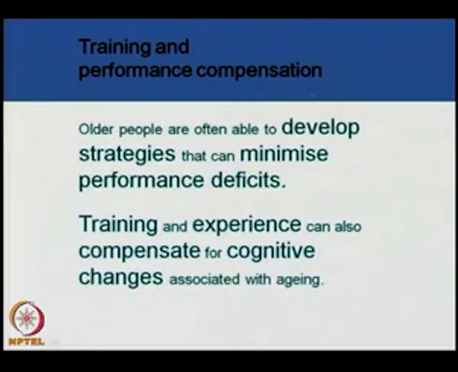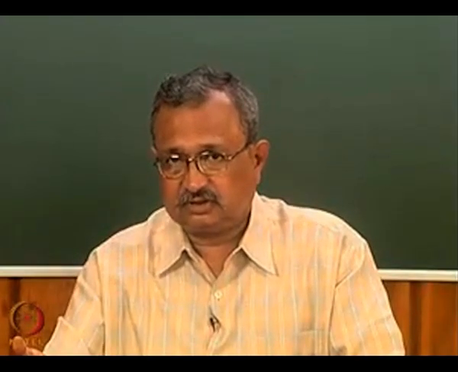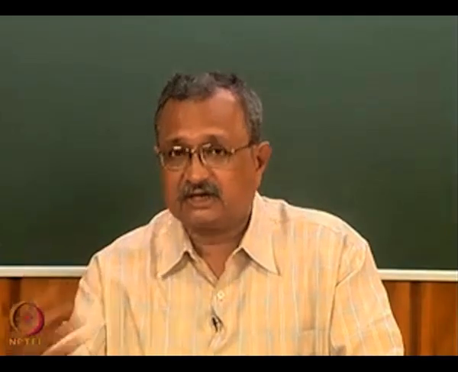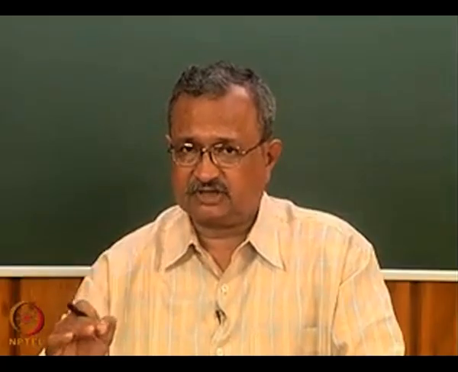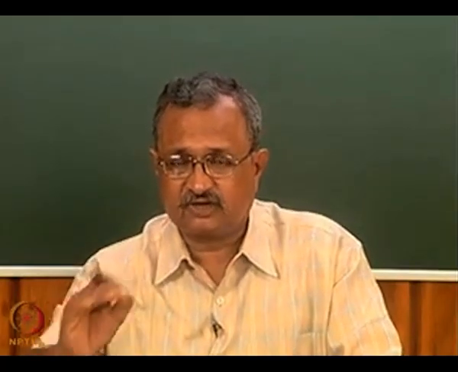Training and performance compensation. Older people are often able to develop strategies that can minimize performance deficits. Just now I said that the older person, with their experience and earlier learning, can use a specific group of muscles to do certain skillful activities.